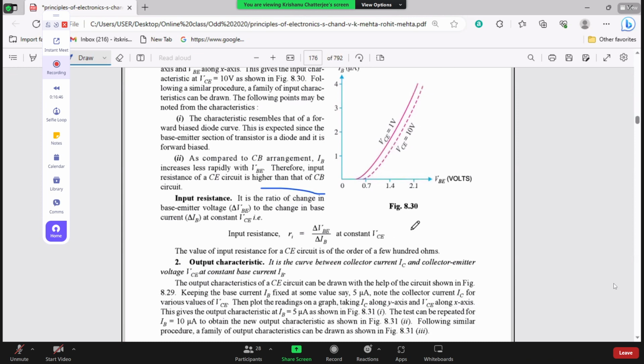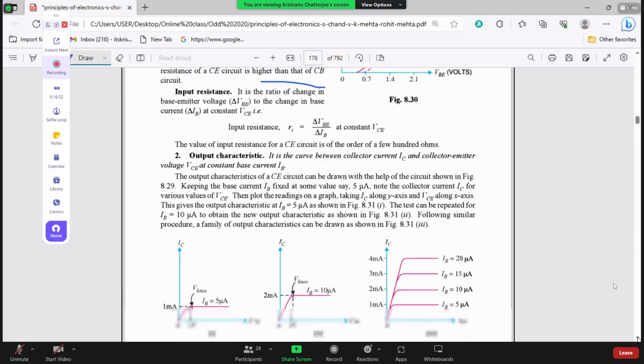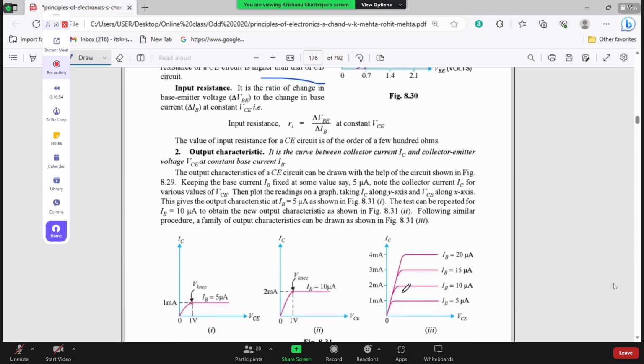constant VCE. Okay. If you go to the output characteristics, these are the output characteristics. We have seen the same type of things over there in common base also. I will be just going a little bit regarding this output characteristics.